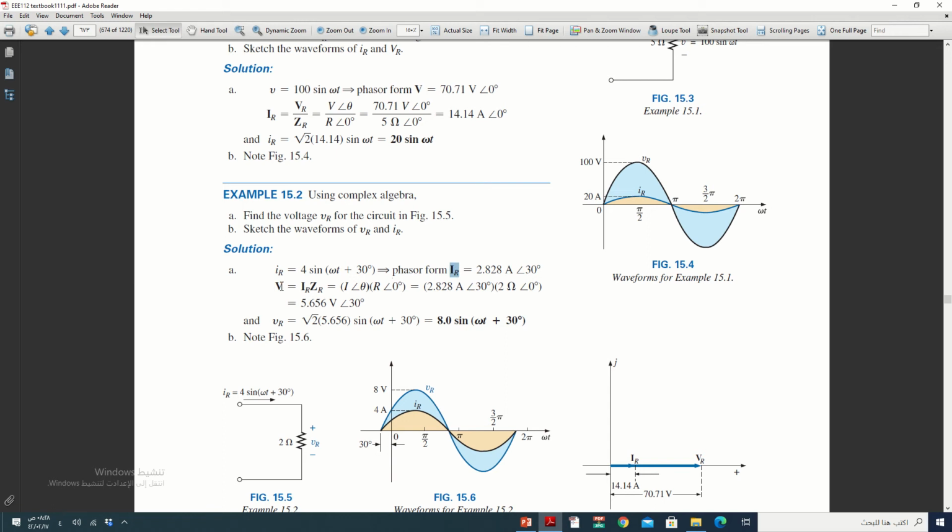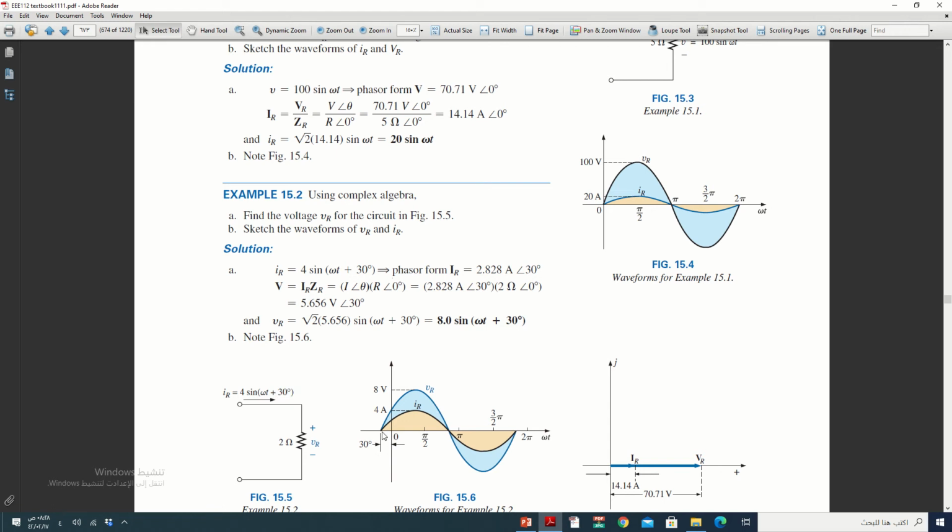Now we can find V, polar form. We will multiply phasor form IR by the polar form of Z, which is the impedance. I is 2.82 ampere with angle 30. You will write the angle here. Don't get confused.